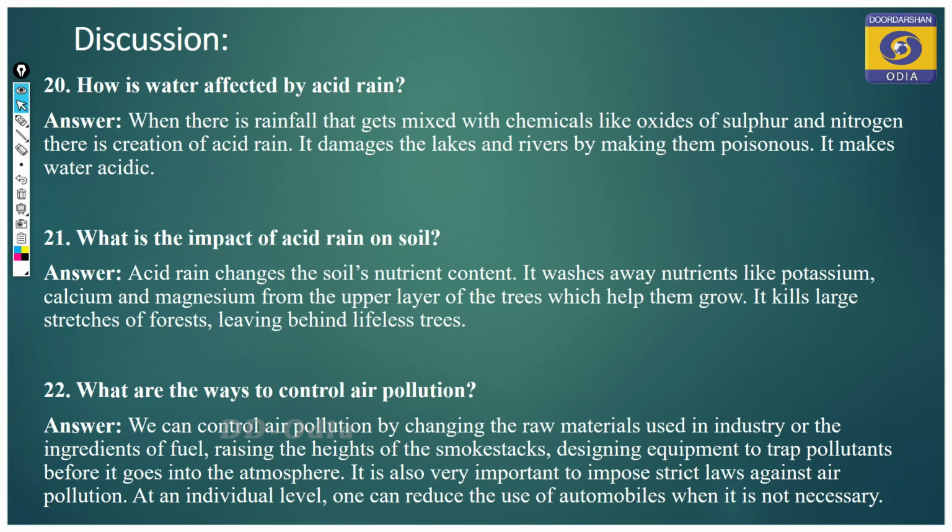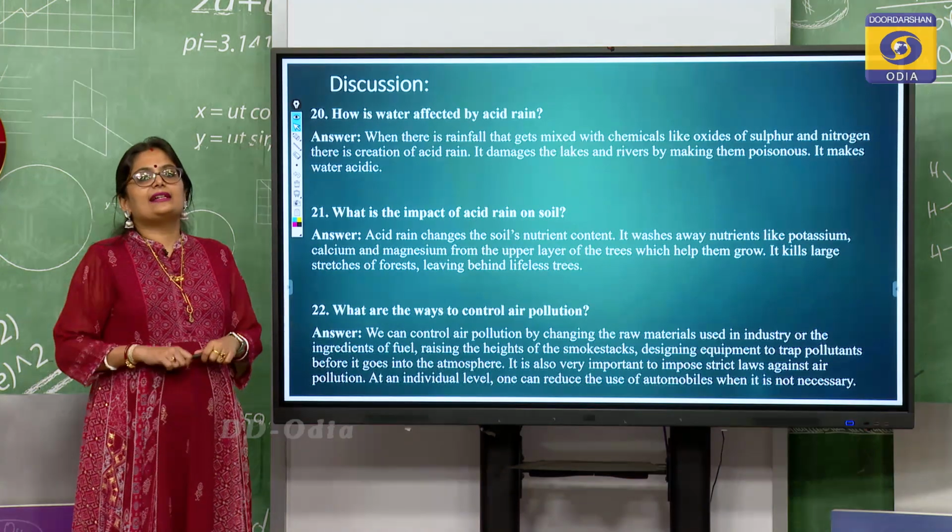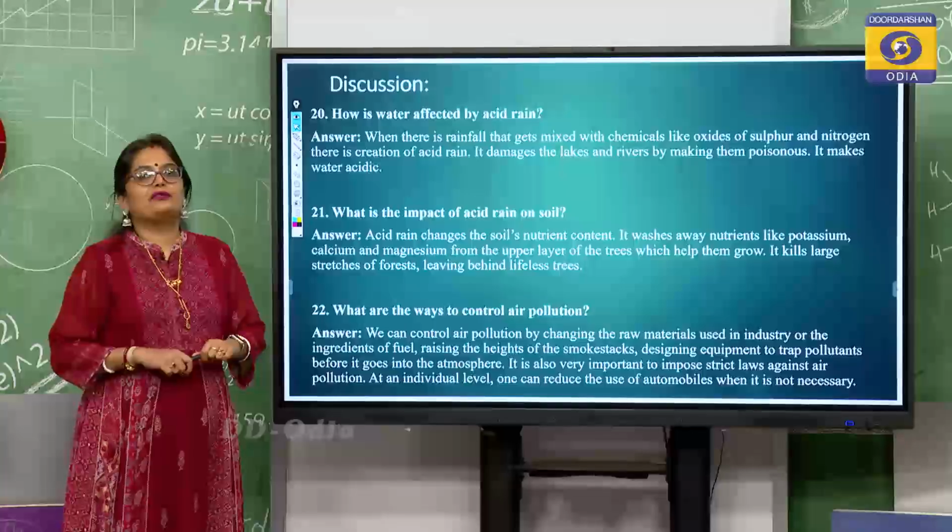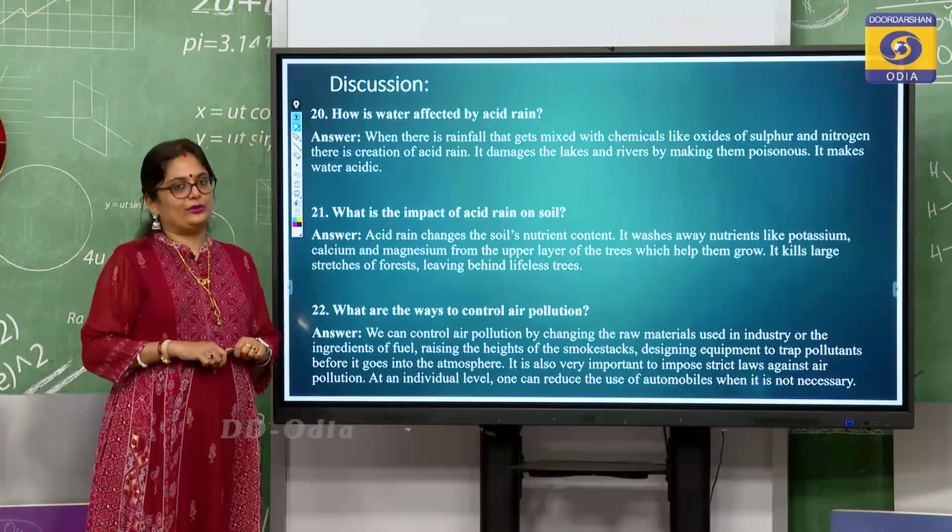The third point is raising the height of a smokestack. The fourth point is designing equipment to trap pollutants before they escape into the atmosphere. And what is the next point? Imposing strict environmental laws. So, these are the basic aspects by which we can control air pollution.